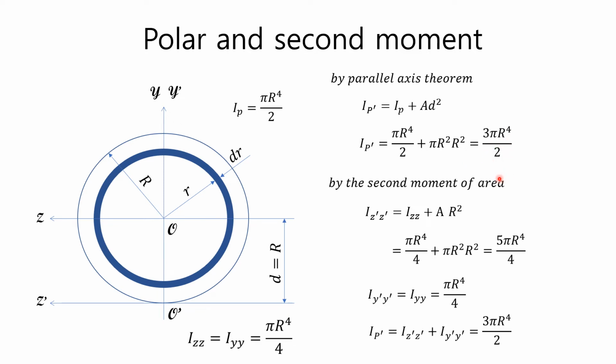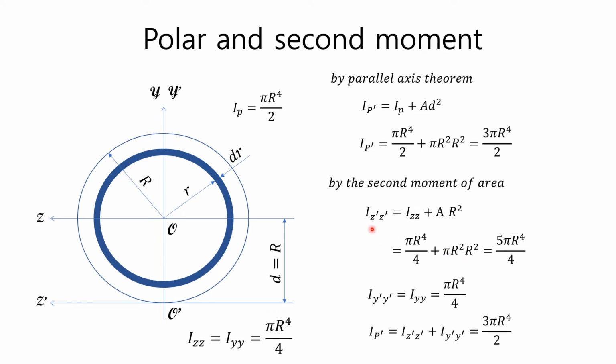In the other way, to find the polar moment of area, let's start with the second moment of area. By the same parallel axis theorem, we can formulate this equation. Here, Iz was obtained in the previous slide, and the area is pi r squared.